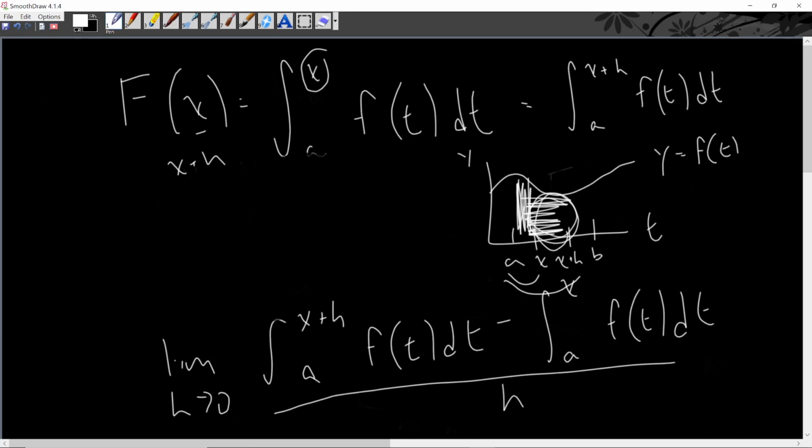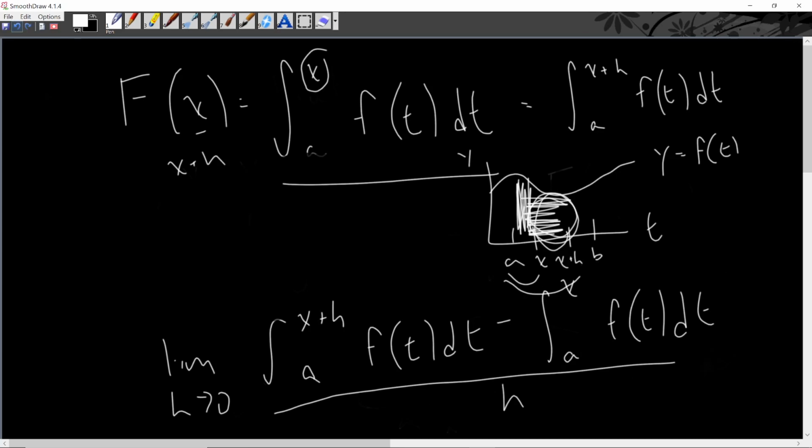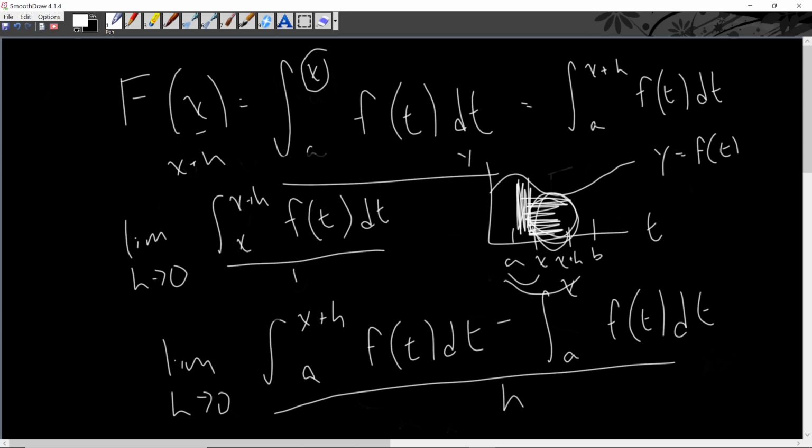And again, we said that this is simply area under the curve, so the integral from a to x plus h of f of t dt minus the integral from a to x of f of t dt should be equivalent to the limit as h approaches 0 of the integral from x to x plus h of f of t dt all over h. And that's just how we looked at this function.